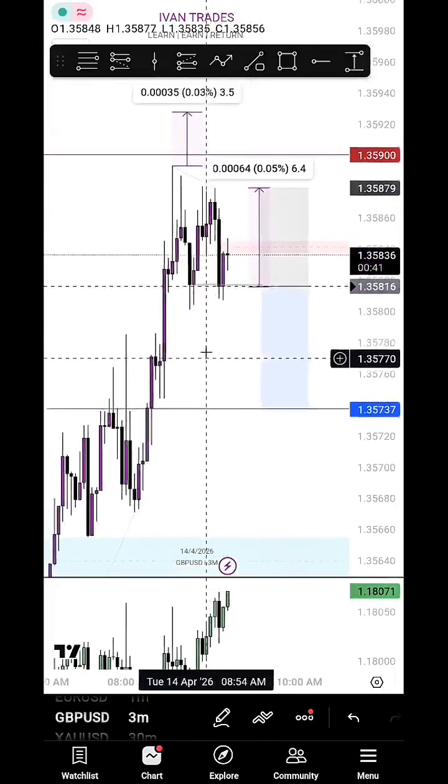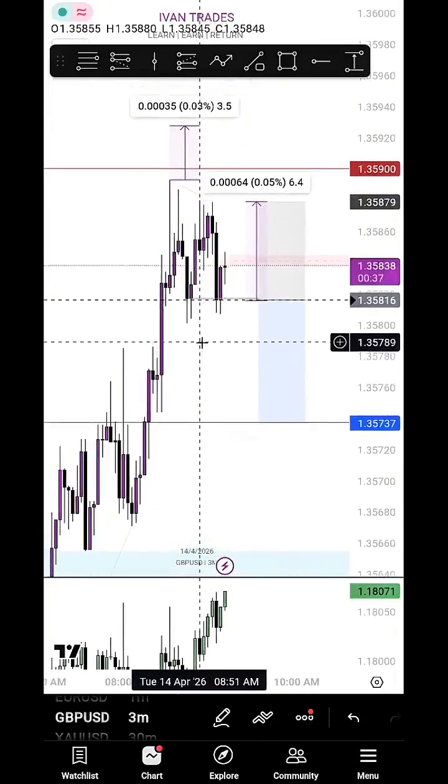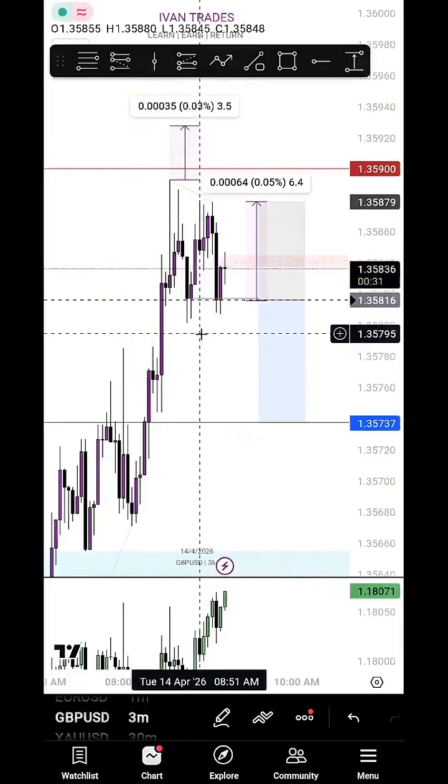The only problem is that the Euro USD right here is not reversing or forming an intermediate term high. So this could be just a retracement. So I will have to wait and see.